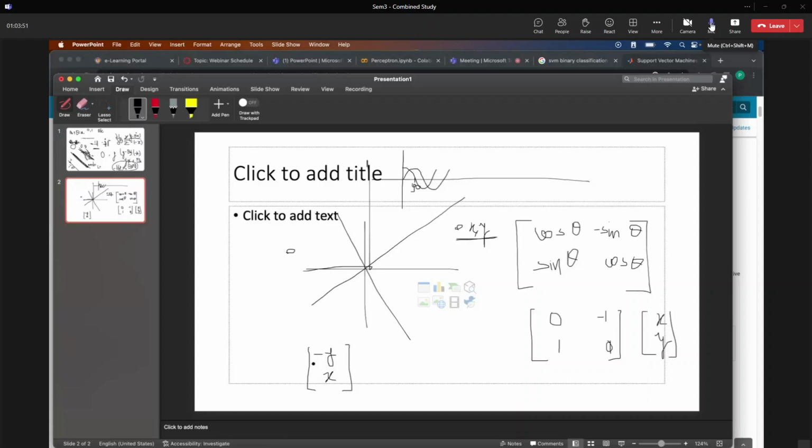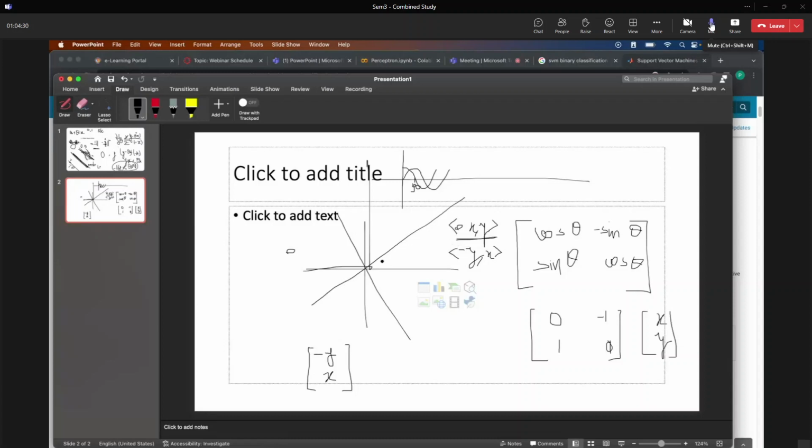Now the x is minus y, and y is actually x, right? Sorry, the notation is wrong. To represent a vector in Cartesian coordinates, we have to write like this. So this is what will happen.